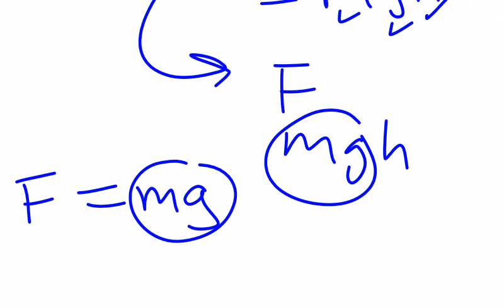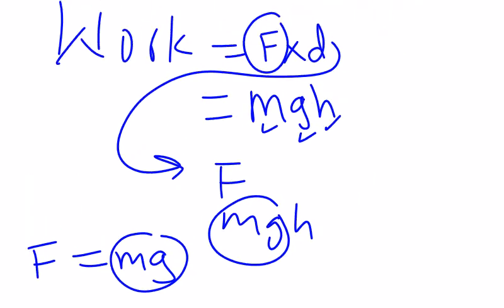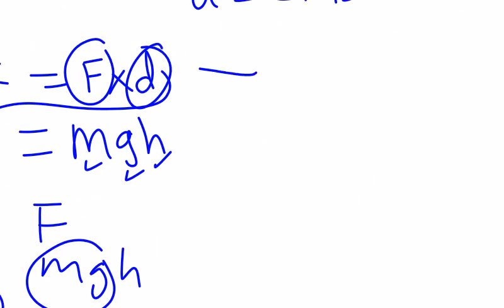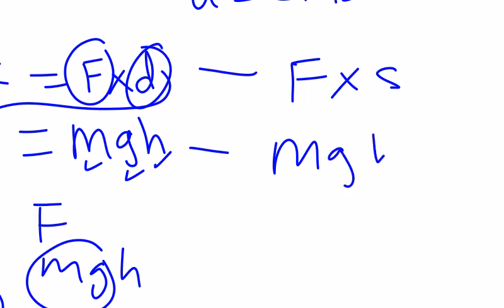So you understand that we have a lot of things that are likely to cause confusion, because we have force here, and we have distance here. What's different between these two formulas is that the first one has d as the distance. Sometimes they write s, like F times s, and the other one has mgh.